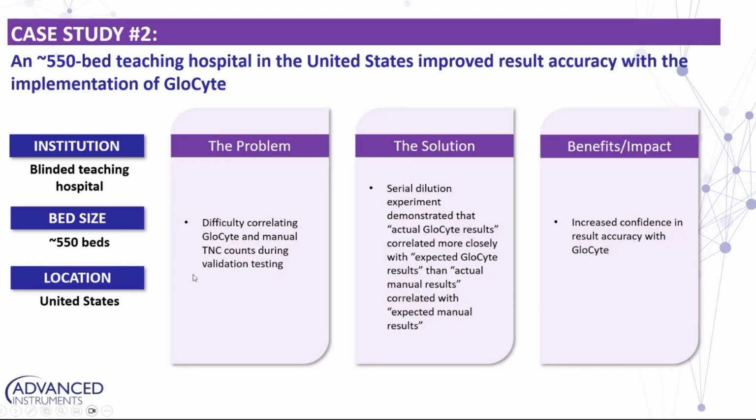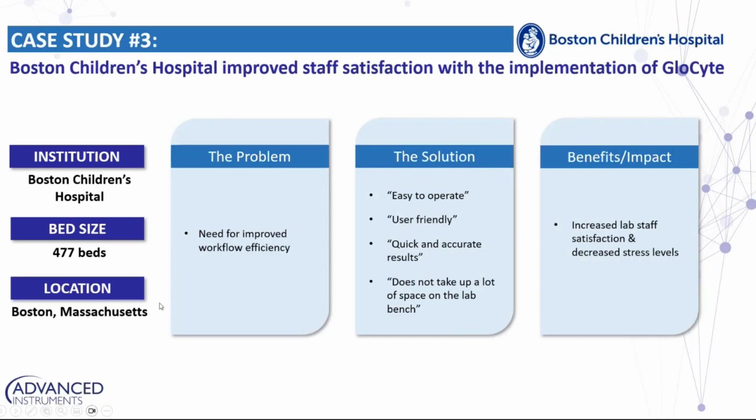And then lastly, with Boston Children's, they implemented the GloCyte, and what they realized, and it's funny, I actually just spoke with these guys a couple weeks ago, their lab techs just feel so much better once they get these samples in. They're stat samples. They're not as stressed anymore.